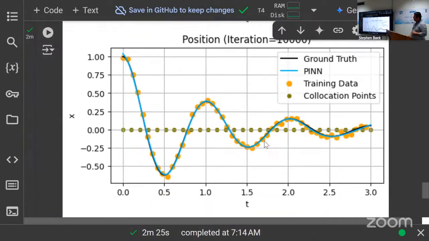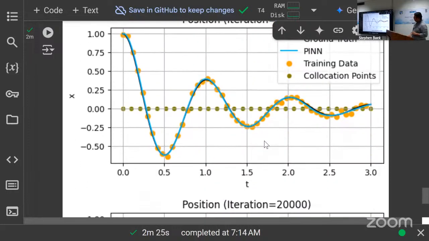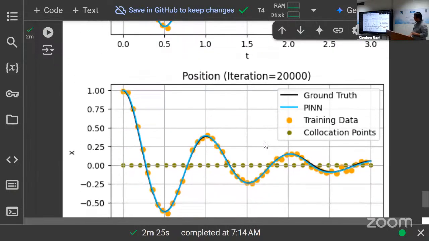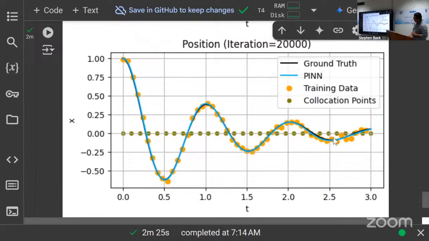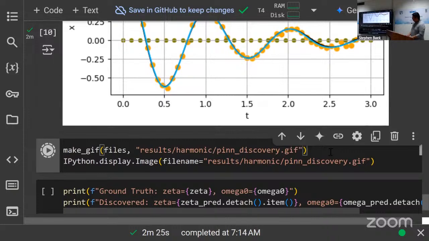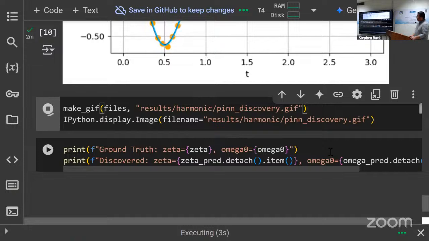So here's the result of fitting that PINN model on this data. Despite the existence of the noise, it seems like the curve shape is pretty good, right? And here's an animation showing the progress.